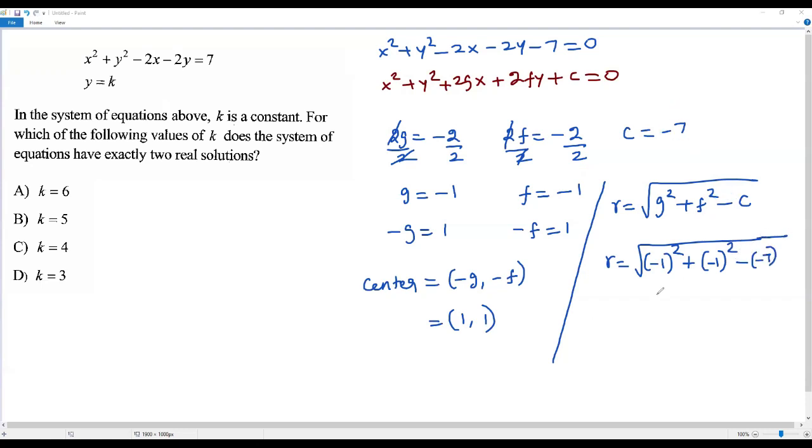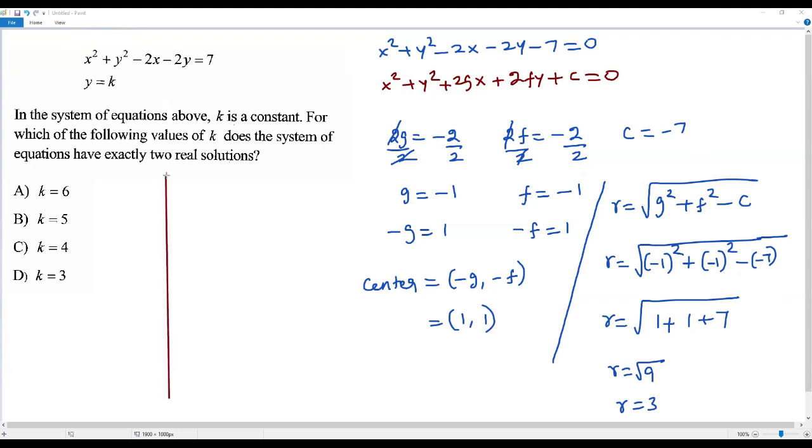Let me write it over here. Then I'm getting r = the square root of (−1)², which is just 1. So here (−1)² is 1. And negative times −7 will become positive 7. Then we get r = √9. Then I'm getting r = 3. Now I got the center of the circle, that is (1, 1), and the radius of the circle, that is 3.